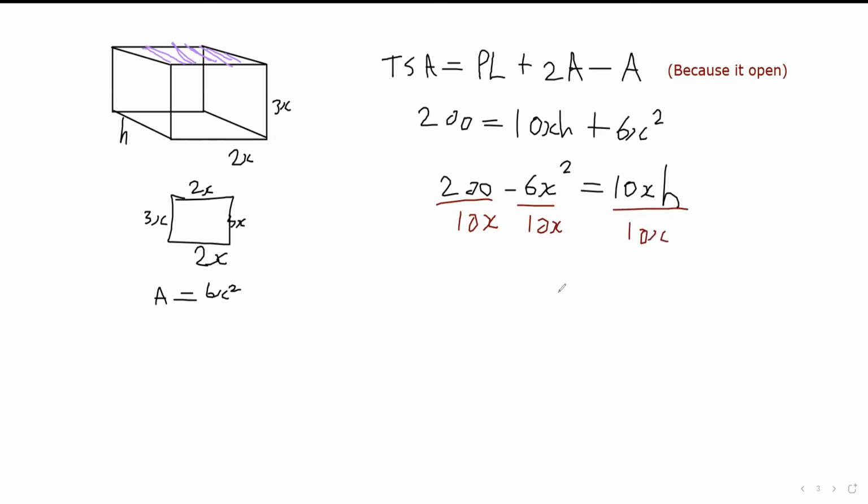And then I know that this 0 cancels this, so I get 20 over x. And 6 over 10 is 3 over 5, so I get minus 3 over 5. Then x squared over x leaves just x. So I get 20 over x minus 3x over 5. 10x cancels 10x. That equals h. That's it.